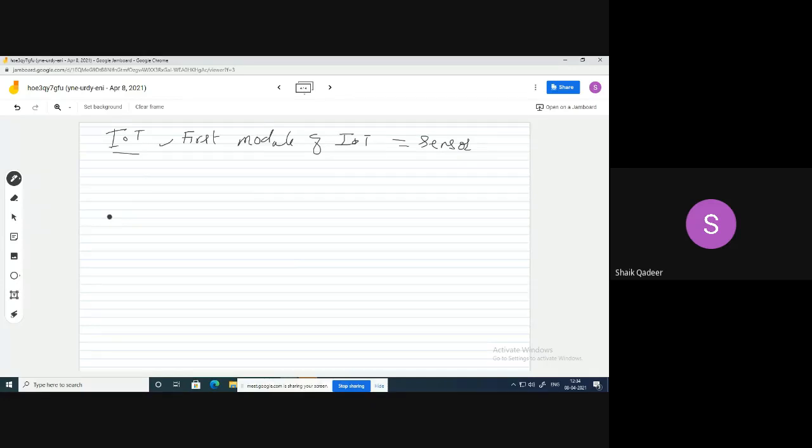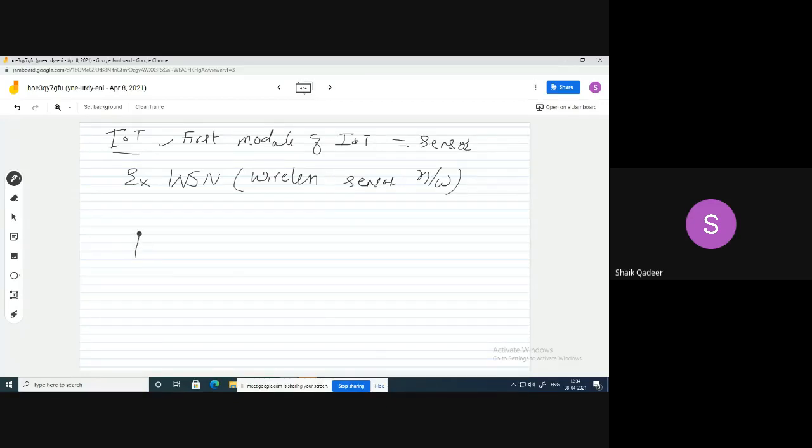Remember this. I'm considering an example of a wireless sensor network. Can you please pronounce this? Wireless sensor network. A network which connects sensors which are distributed at different places.